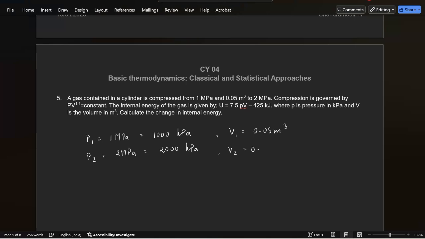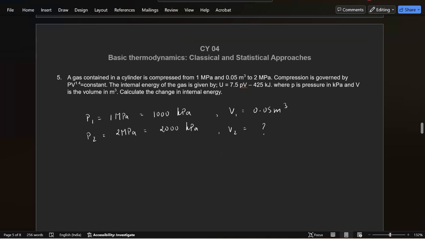What do we have to calculate, JB? Okay, see, the internal energy of the gas is given by this formula.